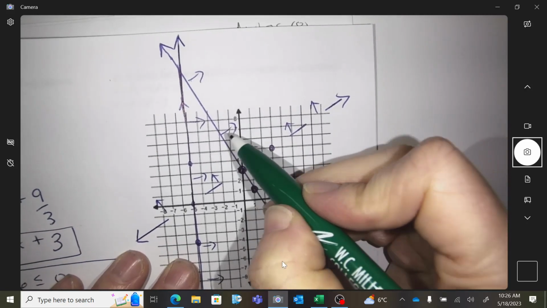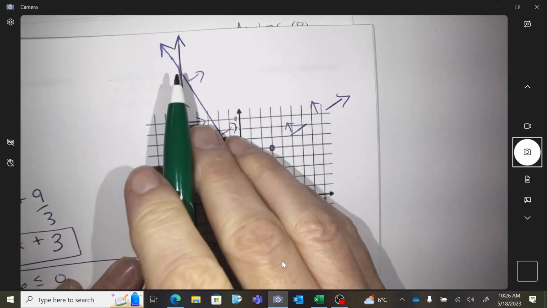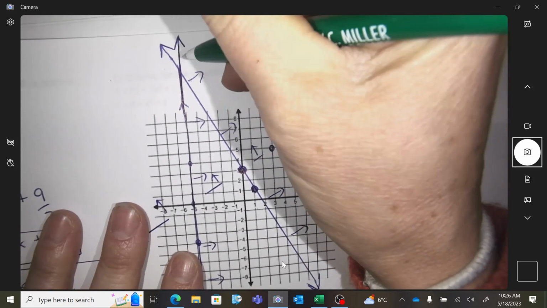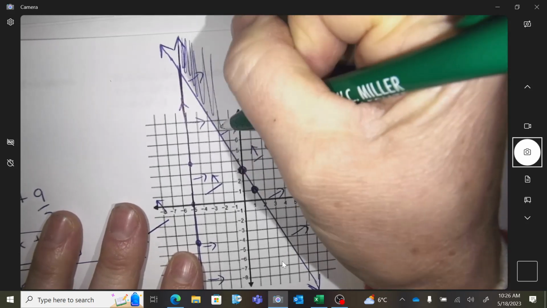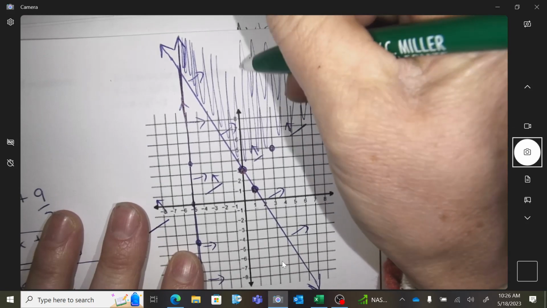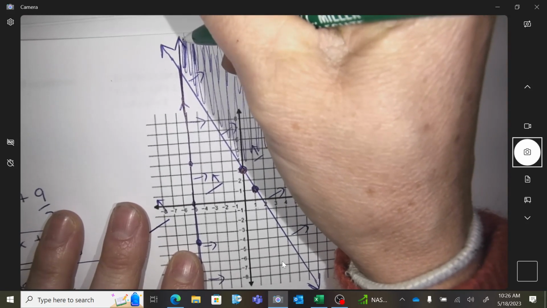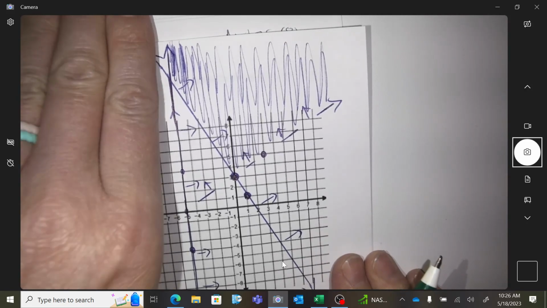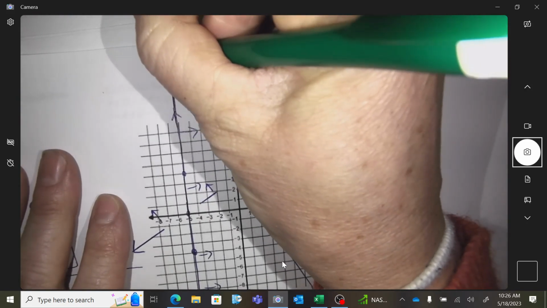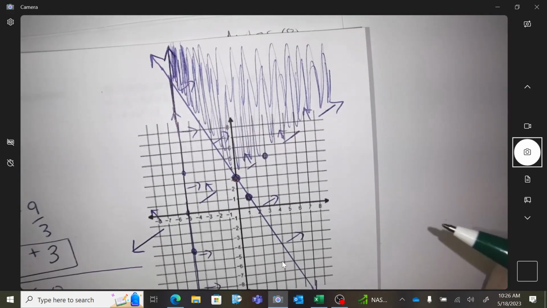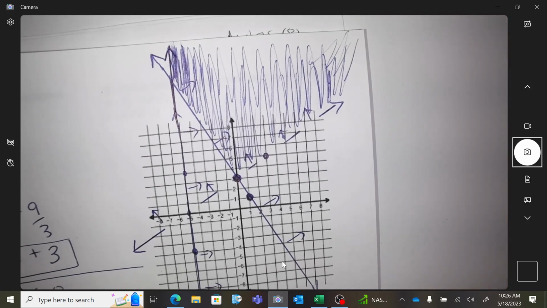So I have to be above this one, above that one, and I have to be to the right of that. And do you see how this would stop like this right here? So any coordinate, obviously that would go on forever and ever and ever, right?